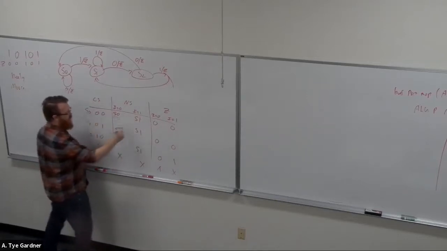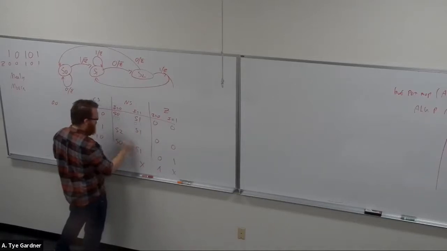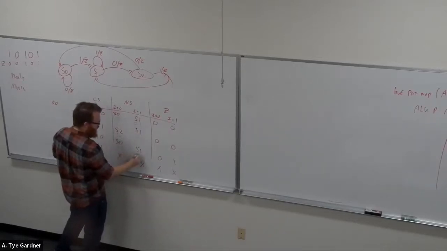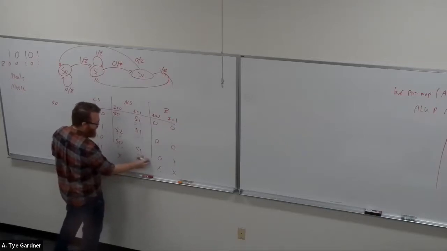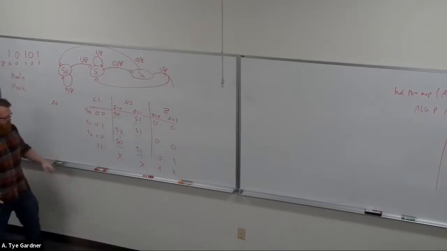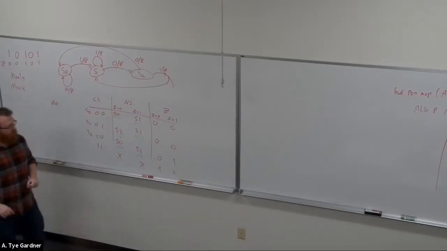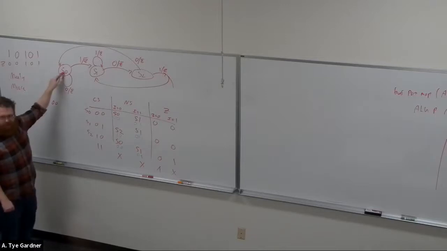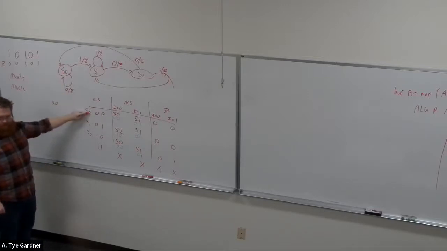Right, state 0, 0, 0, 0, 1, 0, 1, 1, 0, 0, 0, 0, 1. This is now a complete SM table, okay? SM diagram, SM table.